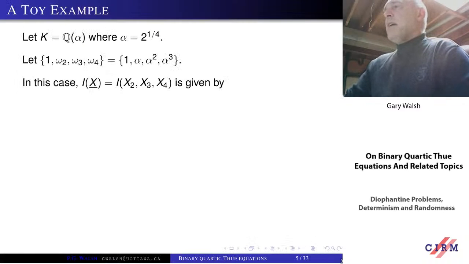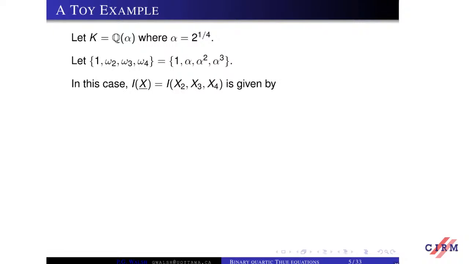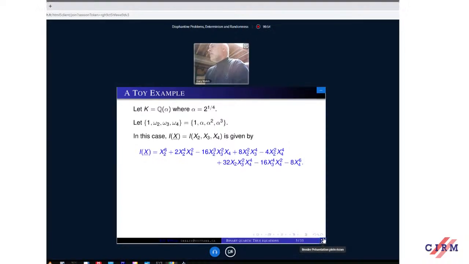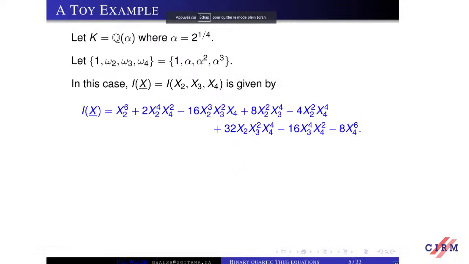And with that basis, when you go through the process of computing the discriminant and looking at the index form that comes out of it, what you get is this polynomial of degree 6 in 3 variables x2, x3, and x4.